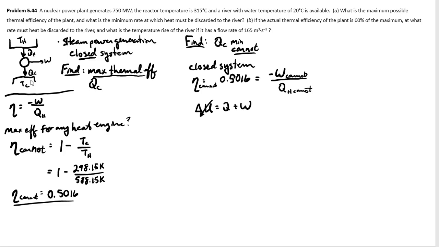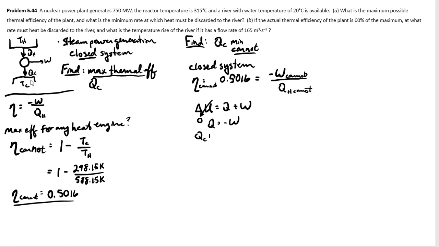For a closed system, delta U is 0, because we're going right back to where we started from in our little cyclic process, whether or not this is the actual steam generation process or this theoretical Carnot engine that's in here. And so we get Q is equal to minus W. Q is equal to what?